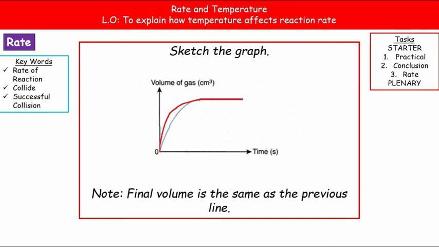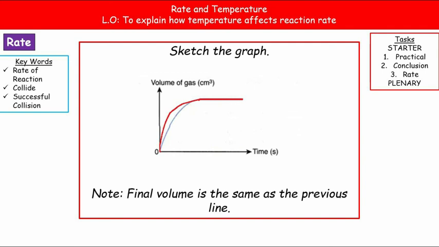But this is the important point. Do notice that the actual final height of the line does not exceed the blue line, the original one. If we are using the exact same amount of our reactants, we will always make the exact same amount of product.